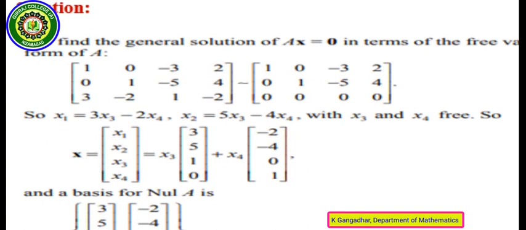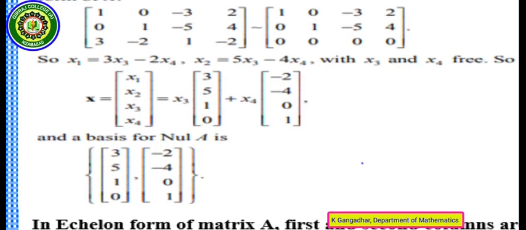From those equations we write the values of x1 and x2, and we write those values in the x vector. Here the free variables are x3 and x4. We write the x3 coefficients and x4 coefficients, so x3 times one vector and x4 times another vector. These two vectors u and v are a basis for Null A.